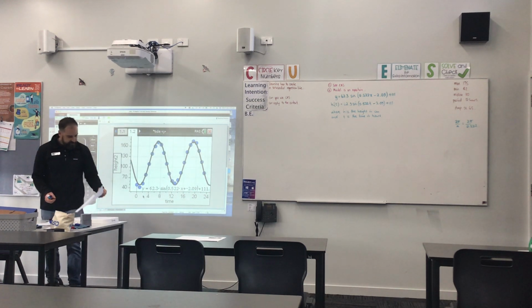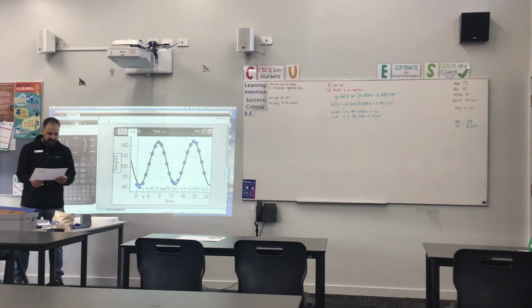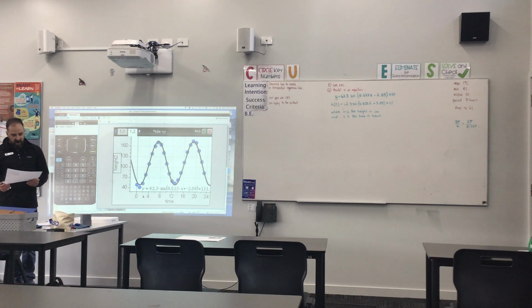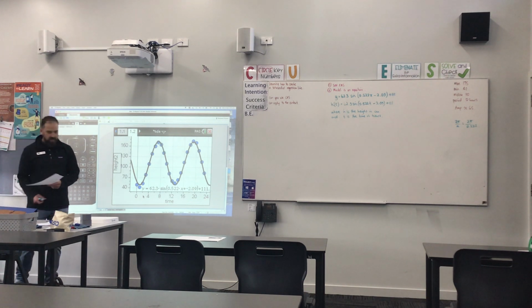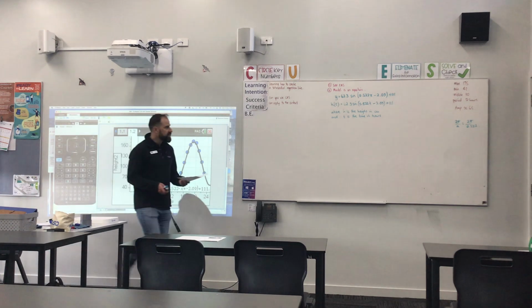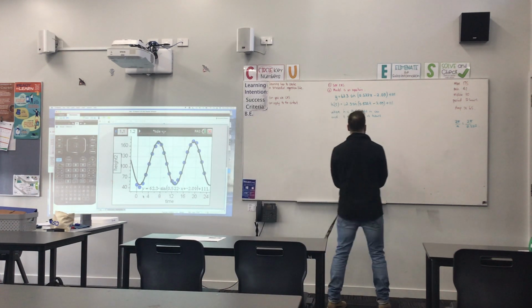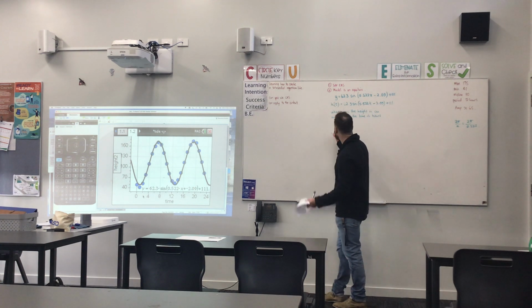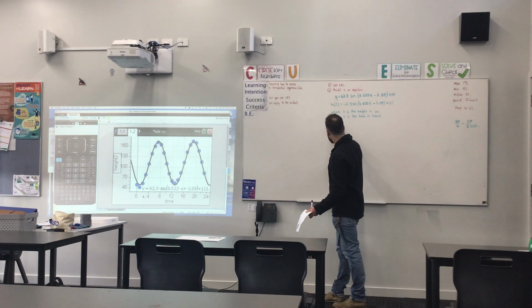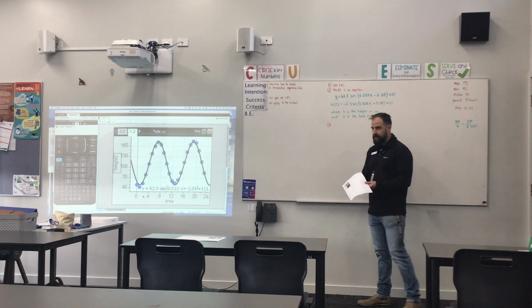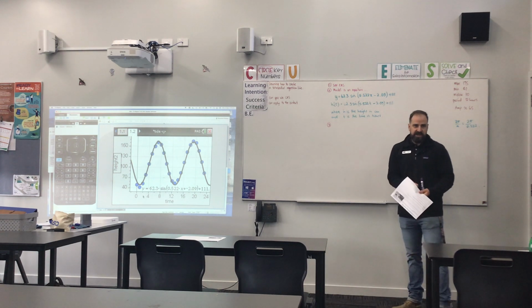Question 3. Use your model to predict the height of the tide at 2:30 p.m. What information am I given in the question? What's the important fact here? What info does the question give us?